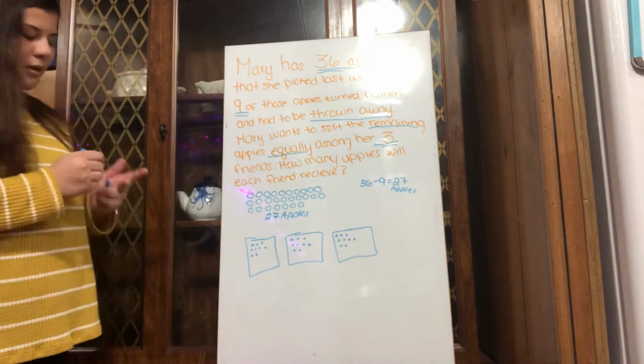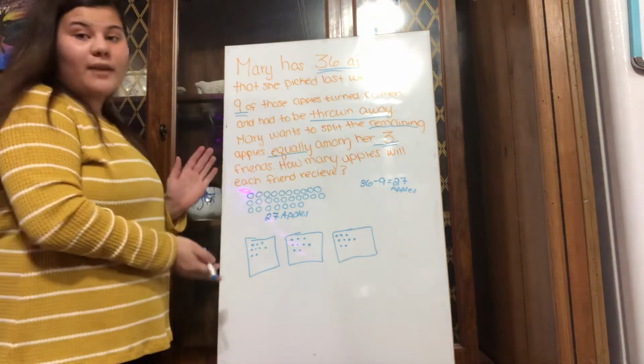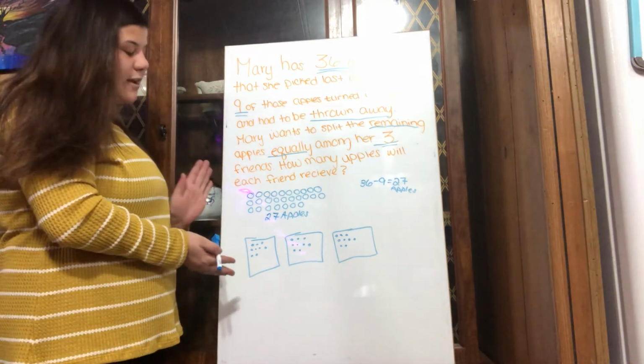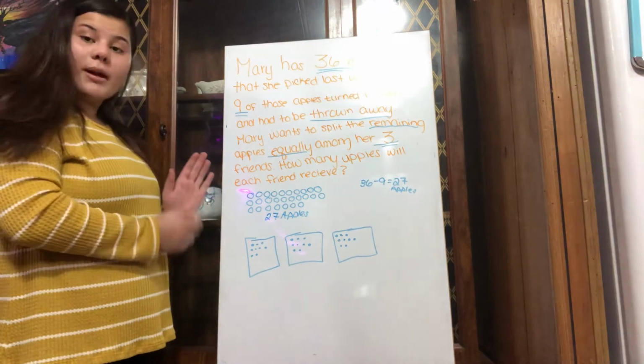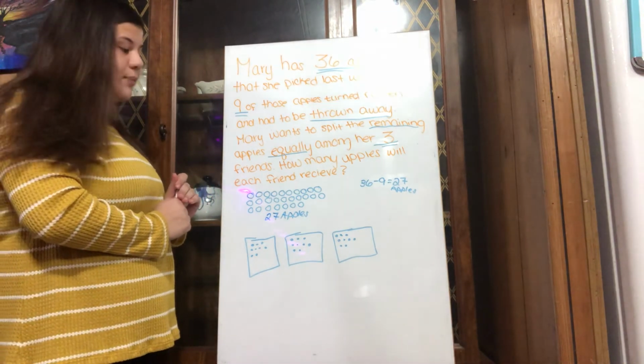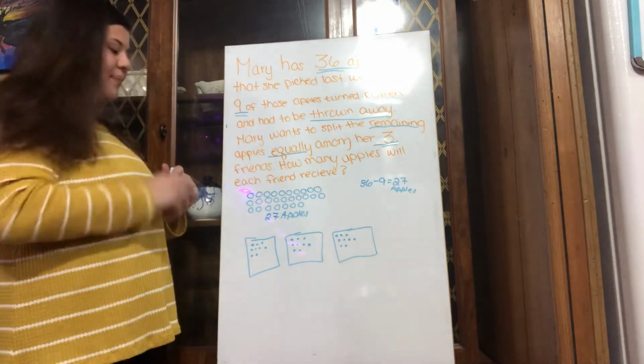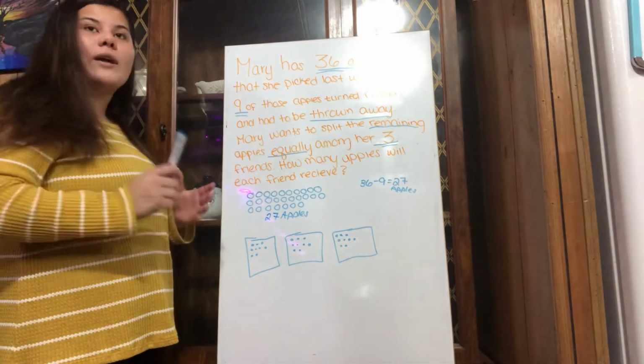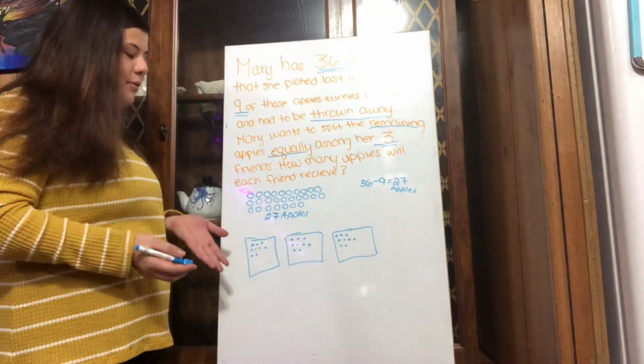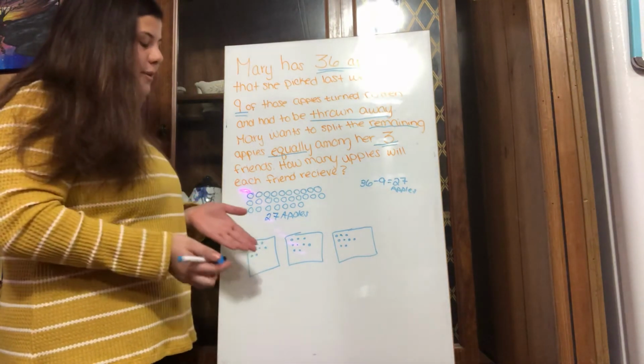So, now that I've divided my 27 apples equally, can somebody tell me what the next step I should do? Celia, go ahead and tell me. Very good. We have to count how many apples were given to each friend.